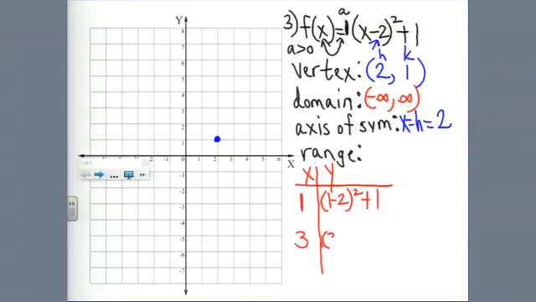So when we plug these values in place of the x, when x is equal to 1, we have negative 1 squared plus 1. And negative 1 squared is a positive 1. Plus 1 will give us a positive 2 for y.